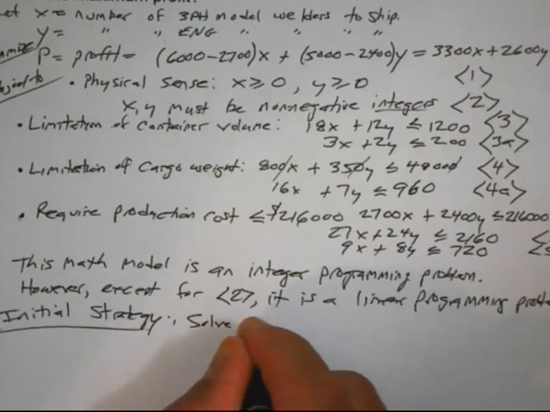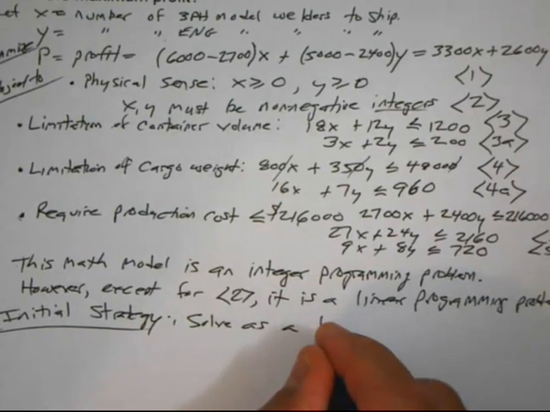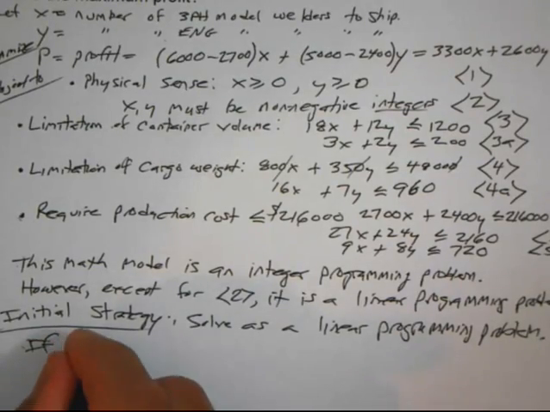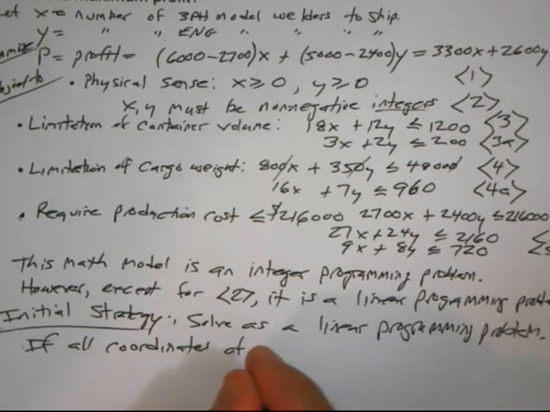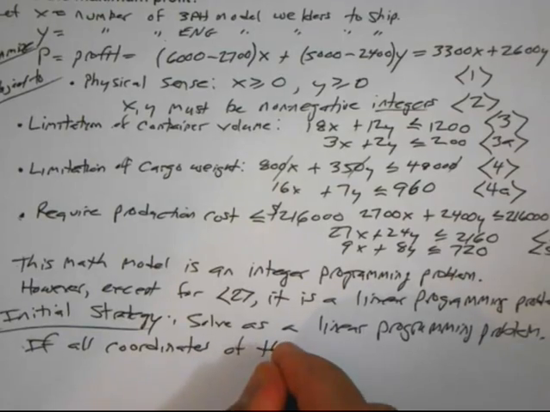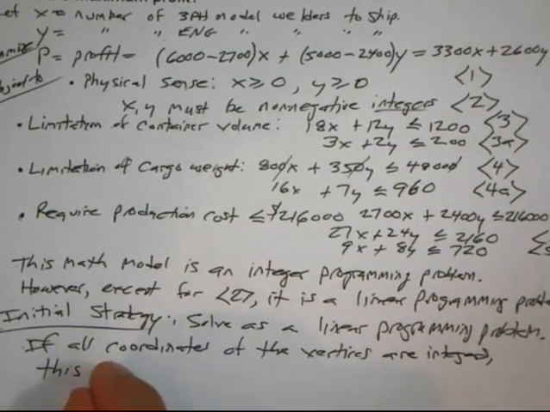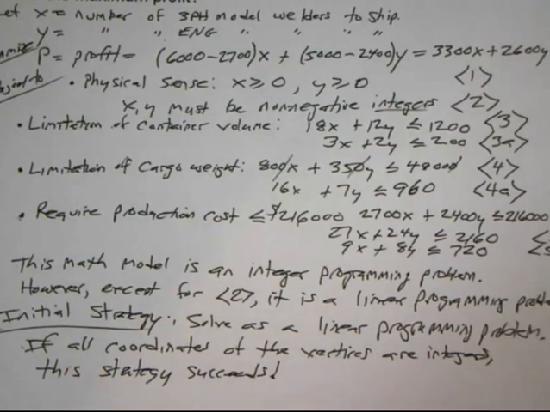Solve as a linear programming problem if all coordinates of the vertices are integers. This strategy succeeds. If you've done the other exercises on this exercise set, you've already encountered just such a situation and in fact succeeded just by using this strategy. So we'll try it again here.